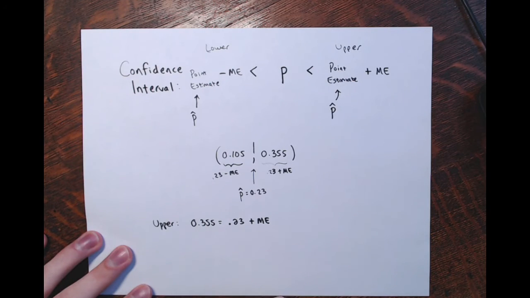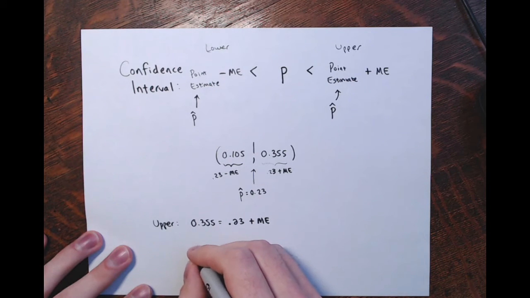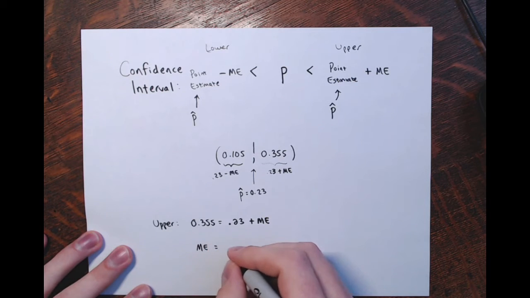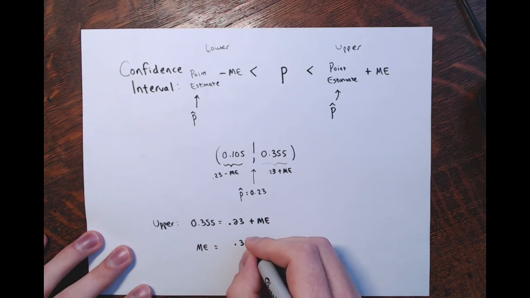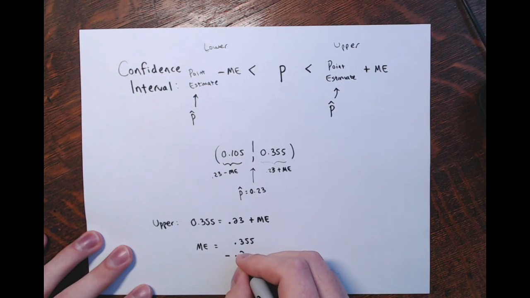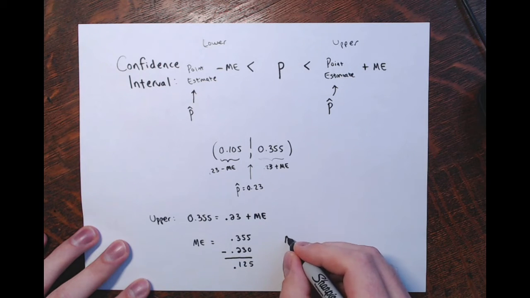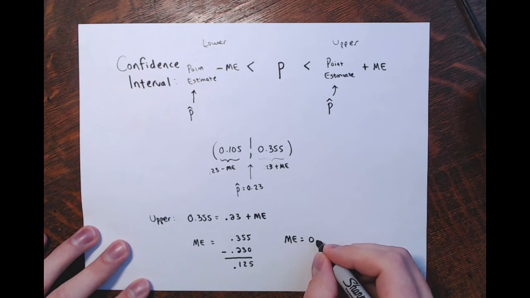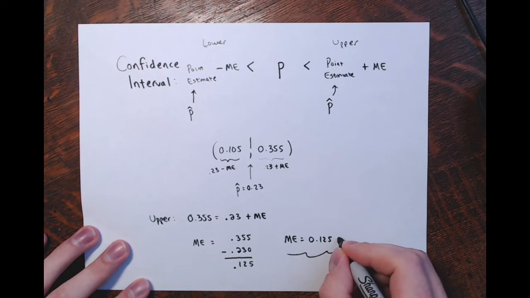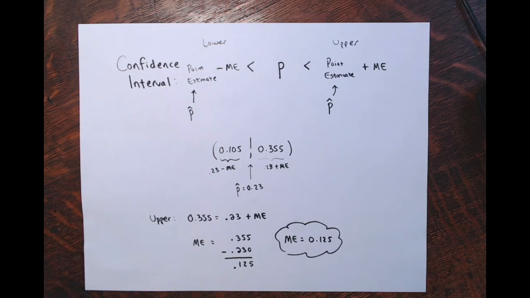Then I simply solve for the margin of error. I subtract 0.23 here. So the margin of error is going to be 0.355 minus 0.230. If I subtract these, that's 0.125. So the margin of error here is 0.125. This is the distance between the middle and the upper bound and the middle and the lower bound. Let's make sure that works.